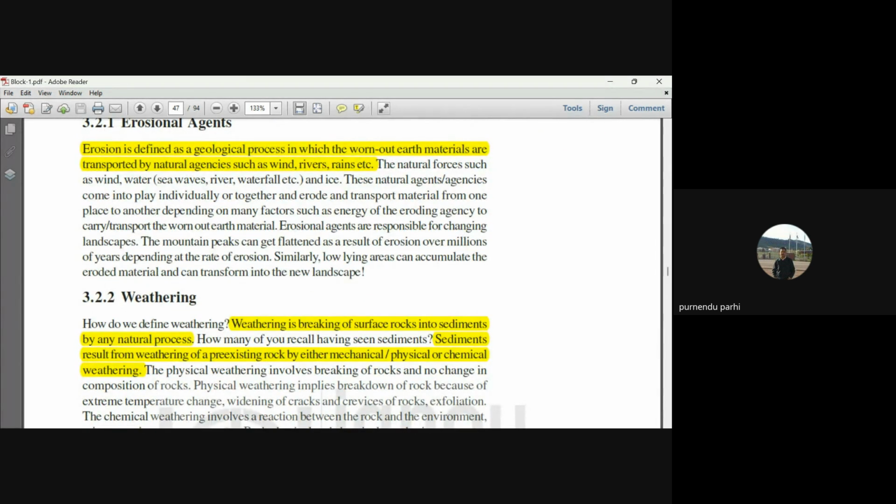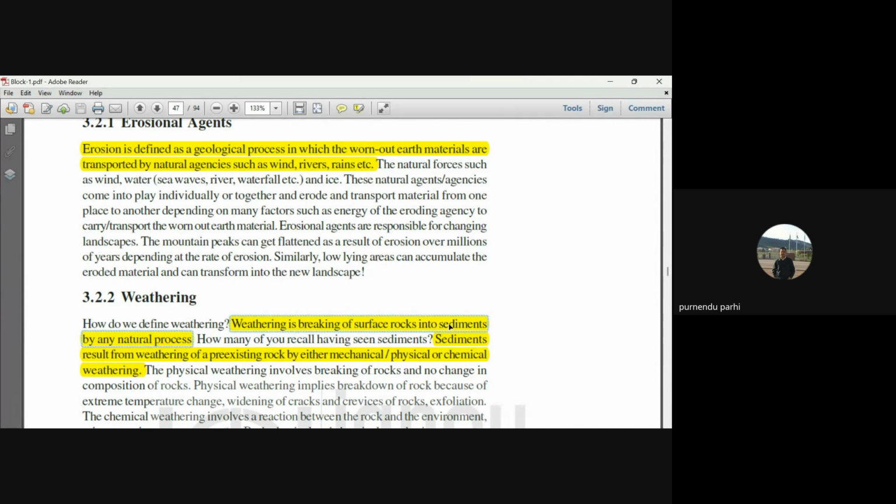Then weathering. How do we define weathering? Weathering is the breaking of surface rock into sediments by any natural process. Sediments result from the weathering of a pre-existing rock by mechanical, physical, or chemical weathering. Physical weathering involves breaking of rock with no change in the composition of the rock.